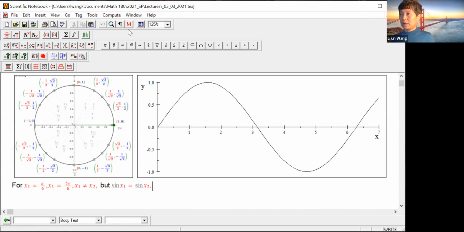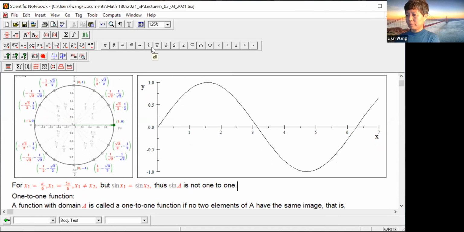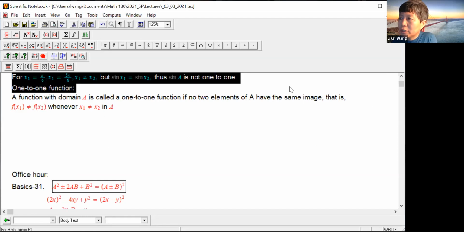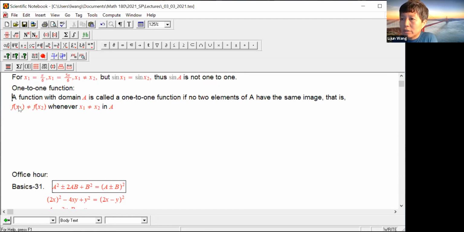Thus, sine of A is not a one-to-one function. Could you compare what I wrote down here with the definition? Am I quoting the definition?